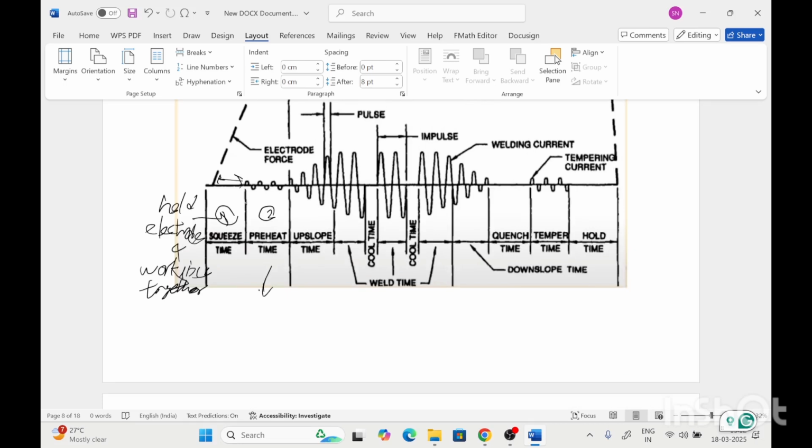So the preheat time is used to soften the coating of the plate and to reduce the thermal gradient.